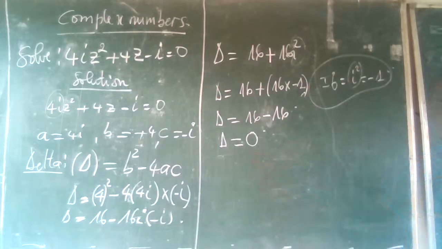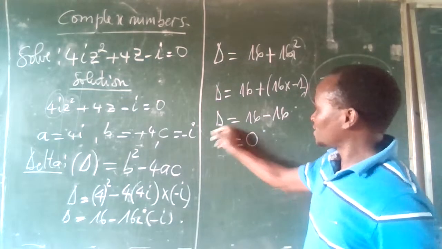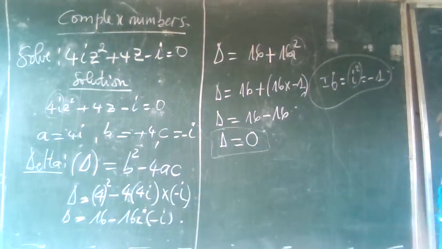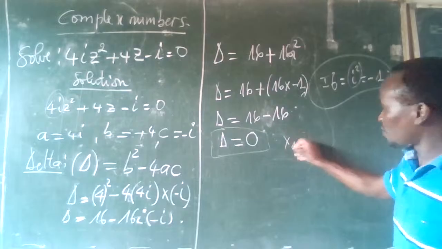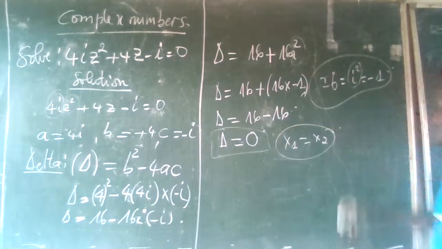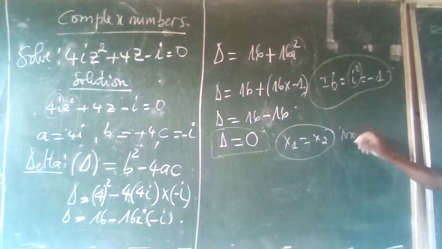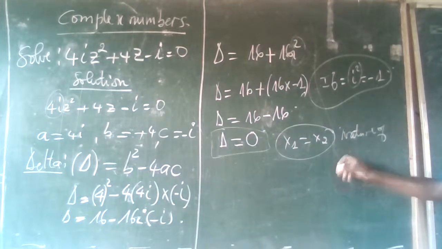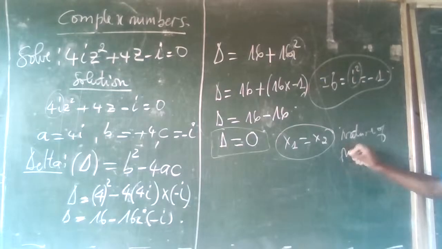What is the next one? We are going to see, when delta is equal to 0, what is the nature of our roots? It means that x1 is equal to x2. This is the nature of our roots.